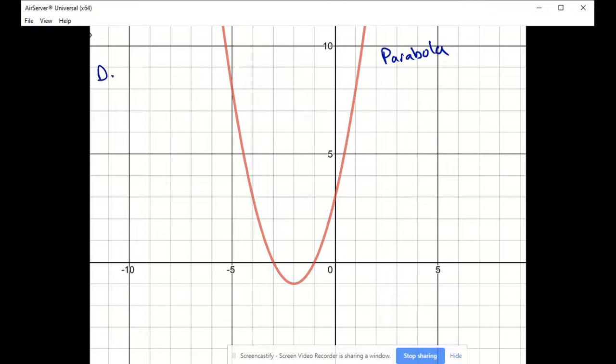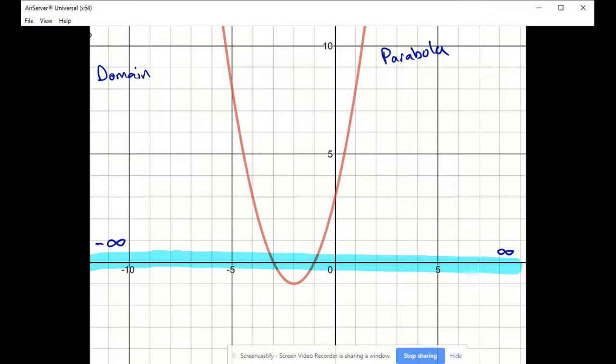So our domain is what we're looking at as we go from left to right, where does our graph start and stop in terms of our x values? And we're going to look at this from negative infinity to infinity.